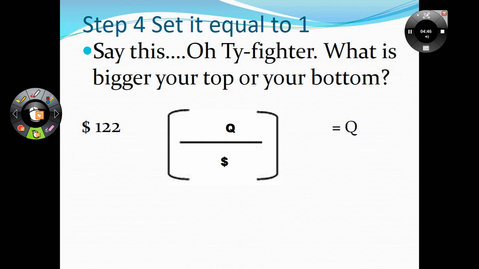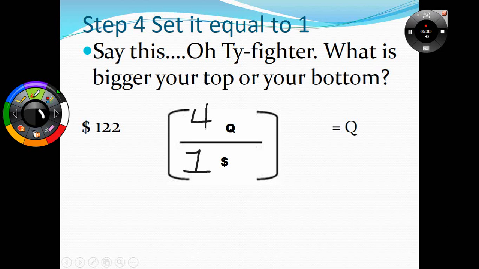We all know that a dollar is bigger than a quarter. So, the bigger one gets the number 1. Then you say, how many quarters are in a dollar? There are 4 quarters in $1.